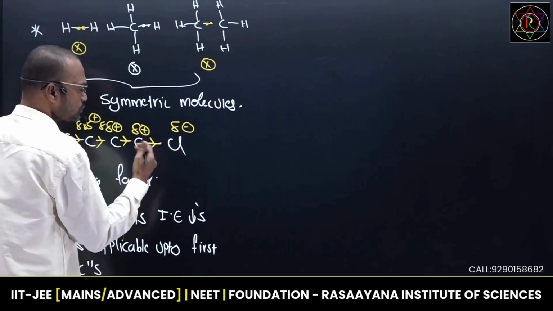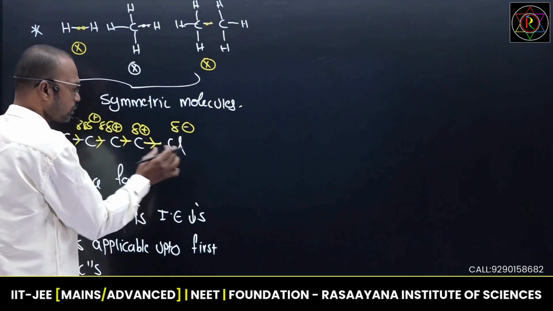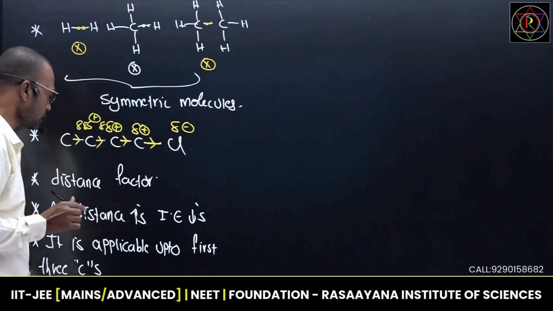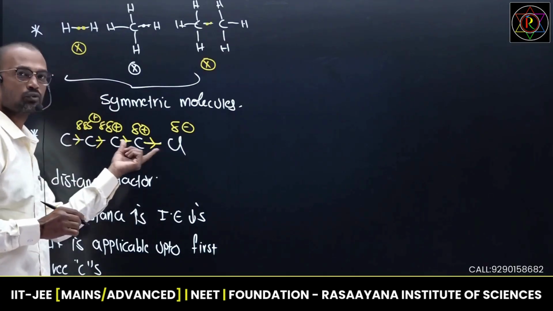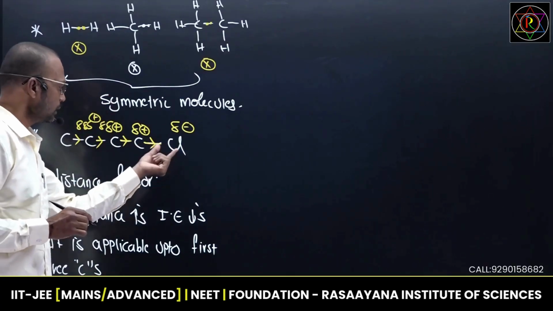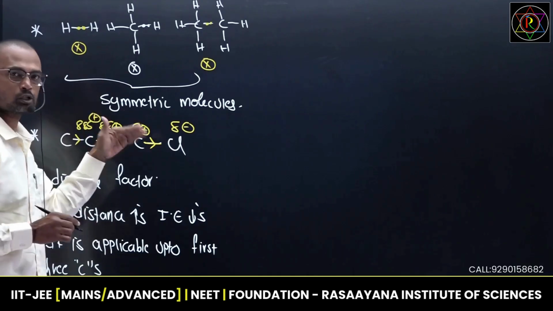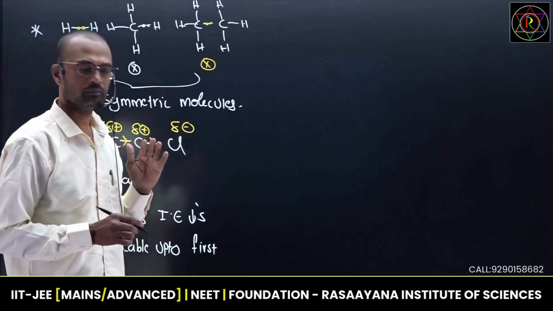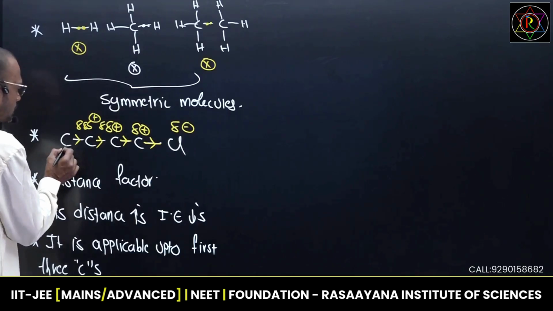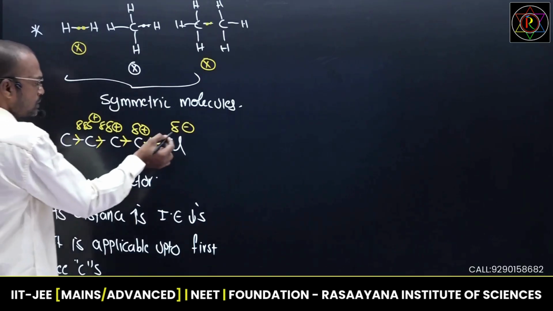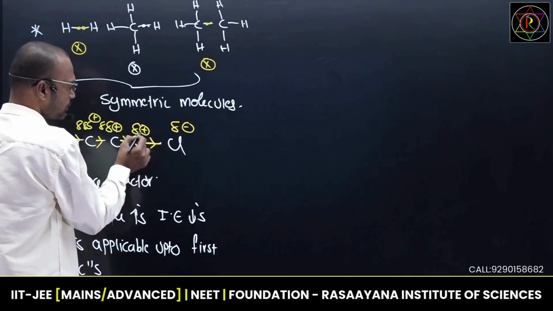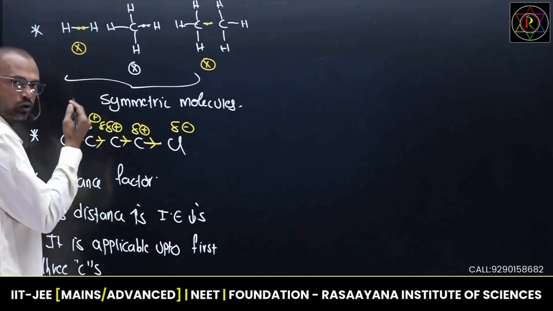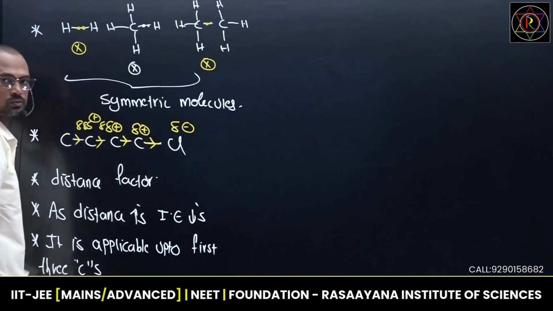If this chlorine is withdrawing electrons, it will take much more electron density from this carbon through the single bond, and later from this carbon and this carbon. That's why I am saying the inductive effect is a distance factor. Maximum 2 carbons you can apply, very little effect on the third carbon, and almost negligible from the fourth carbon. When it withdraws electron density, the effect is very high on this one, later very small effect, so write smaller delta numbers.